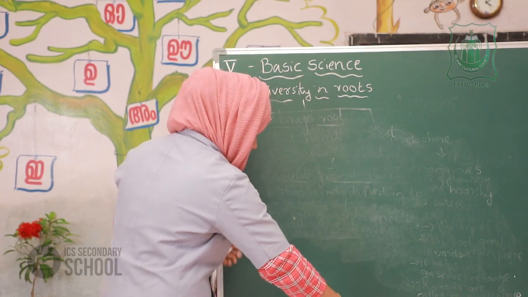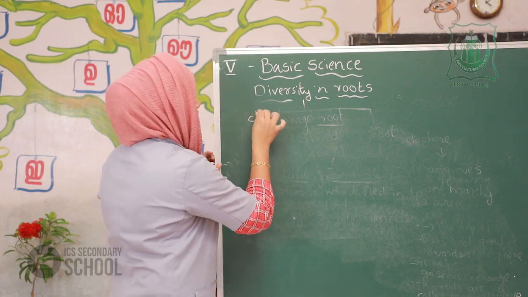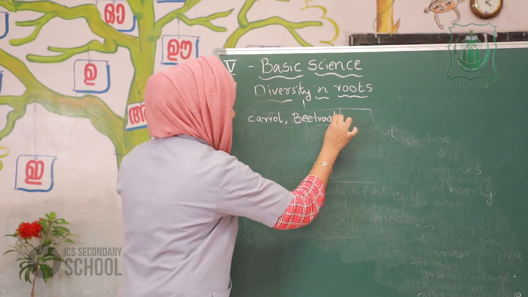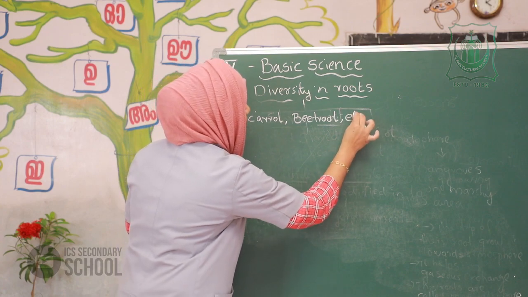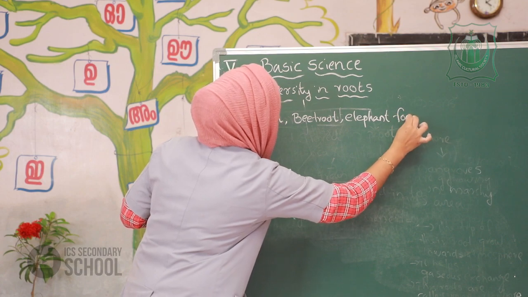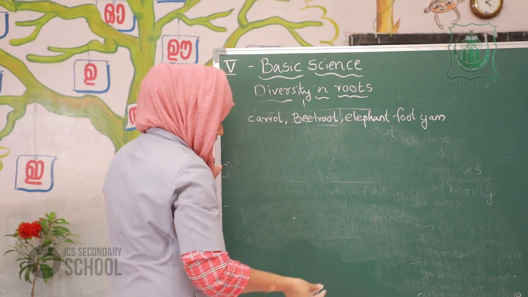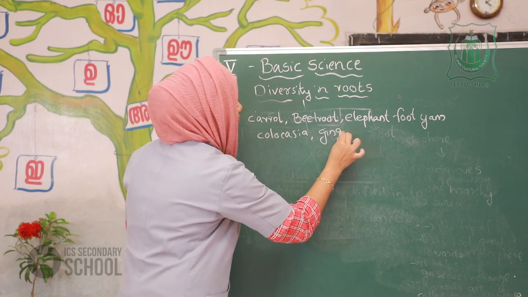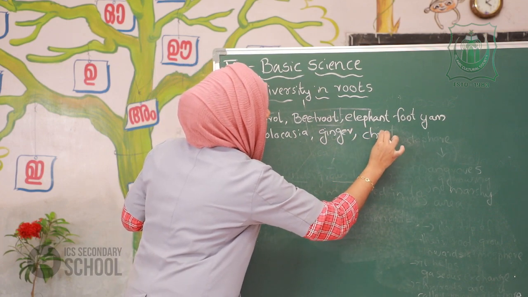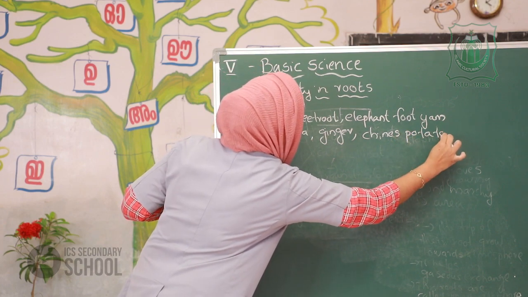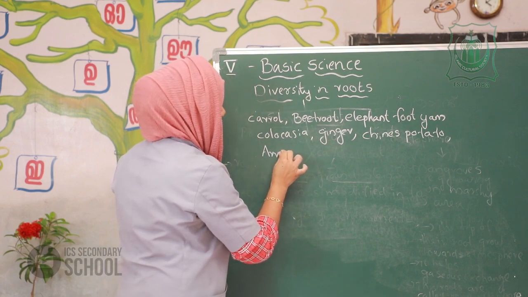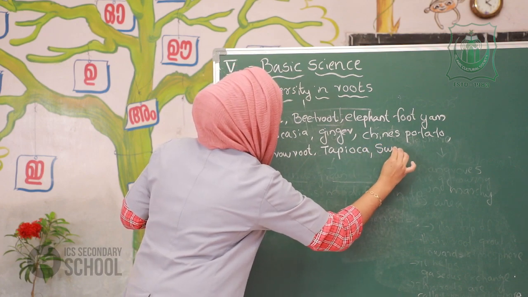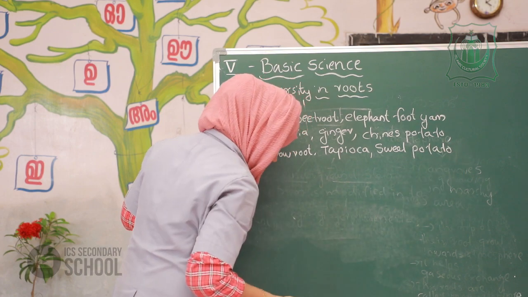I will give some plants here. Write the plants here. Carrot, beetroot, elephant foot yam, colocasia, ginger, Chinese potato, arrowroot, tapioca, sweet potato, and turmeric.